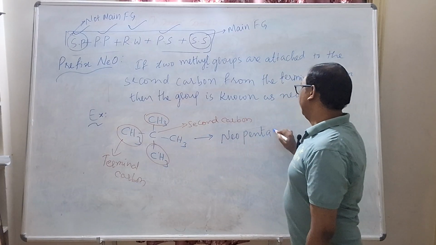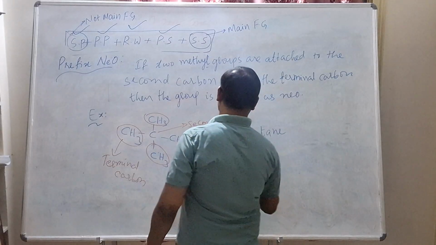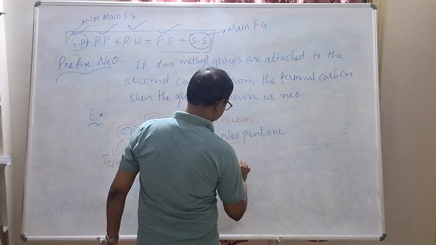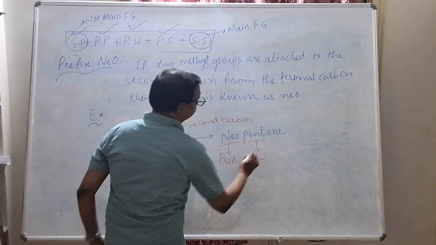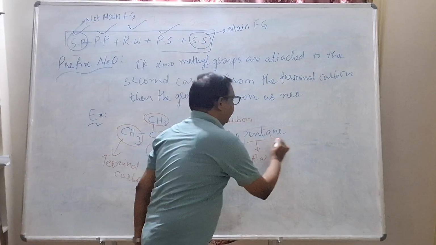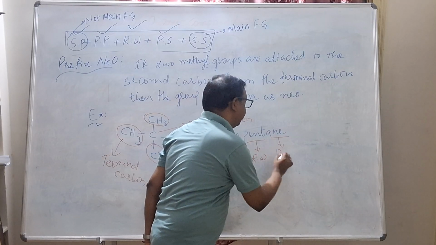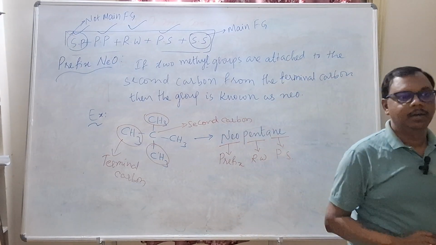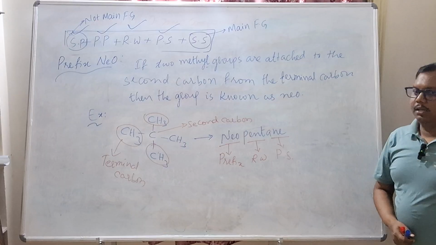Here neo is the prefix and pent is the root word, and ane is the primary suffix. These are the special groups.